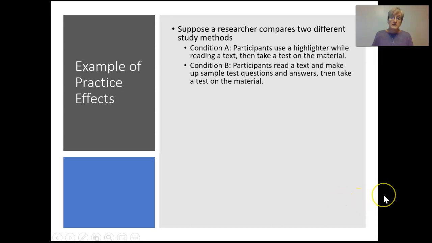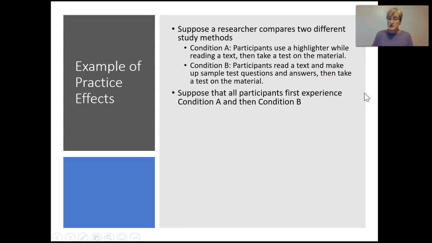So as an example of practice effects, your authors give you the example of a researcher comparing two different methods of studying material. And it's a fairly contrived example, but just kind of go with it. Participants use a highlighter while reading, and then they take a test on the material. Versus condition B, participants read a text, make up sample test questions and answers, then take a test on the material.